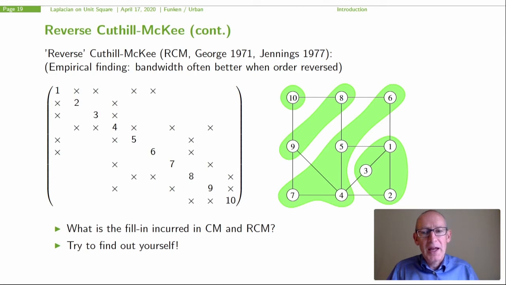Okay. And what is the fill-in? As I mentioned, it was developed for the envelope or the bandwidth. But what is the fill-in due to the Cuthill-McKee or the reverse Cuthill-McKee? Just make some marks and make some crosses and try to find out.